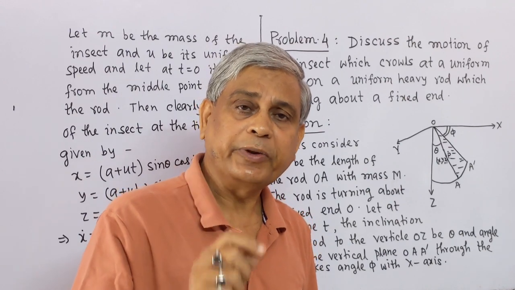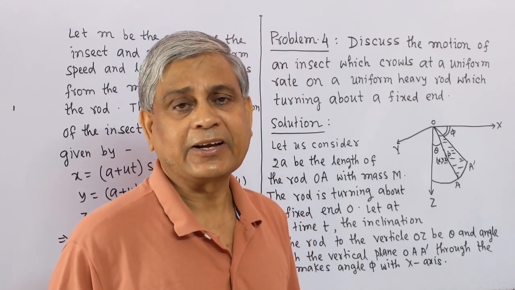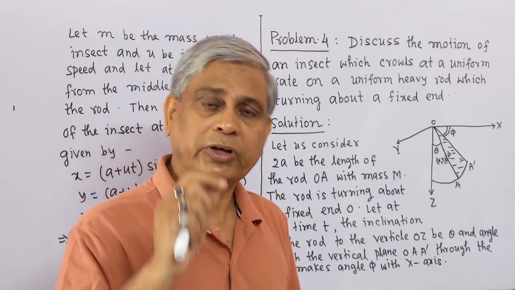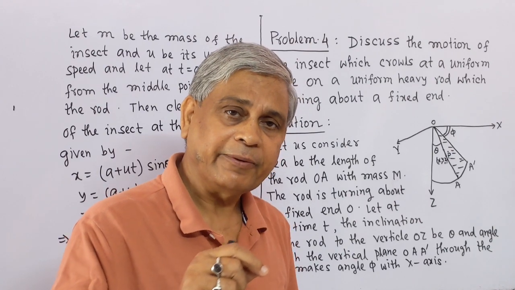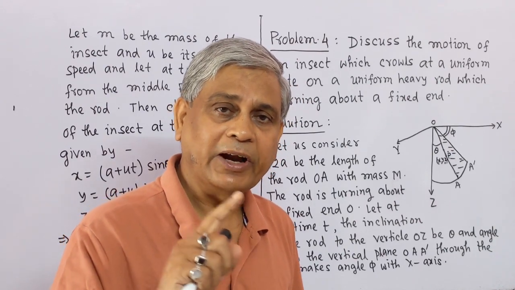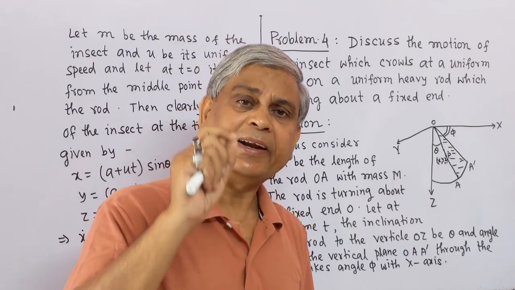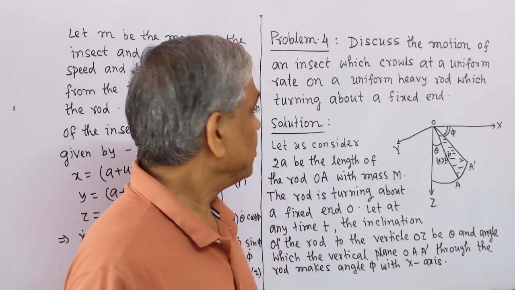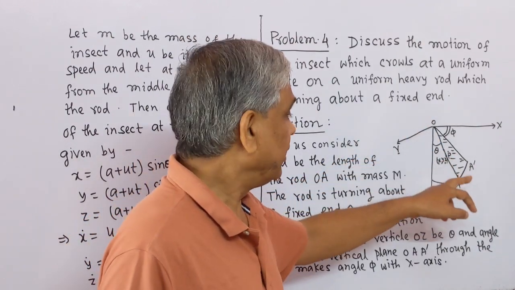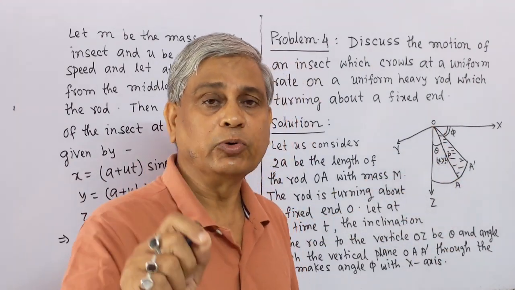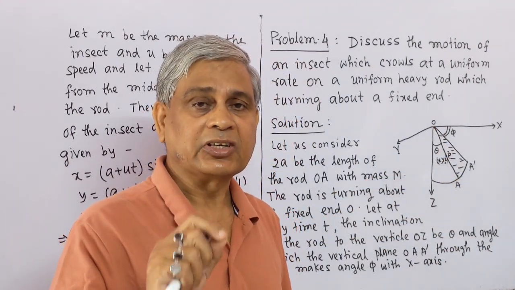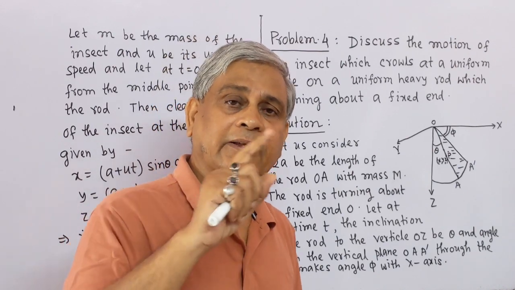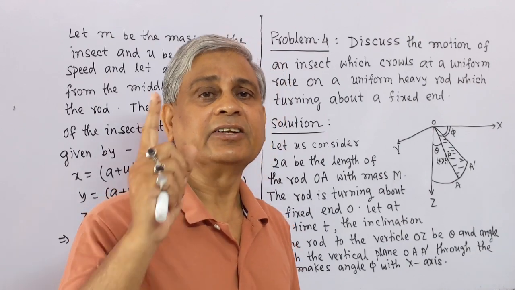Since the speed of the insect is uniform speed u, in time t it will travel a distance u multiplied by t. So after time t the insect will be at a distance a plus ut from the fixed end O, where a is the distance of the middle point of the rod, from which the insect starts its journey.